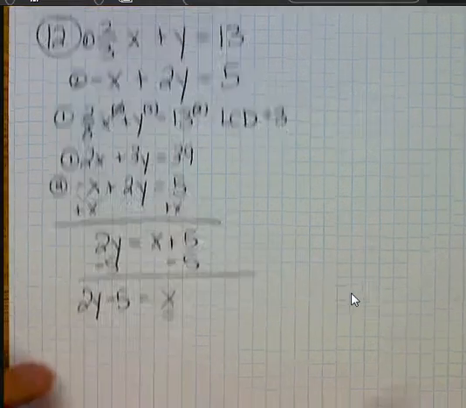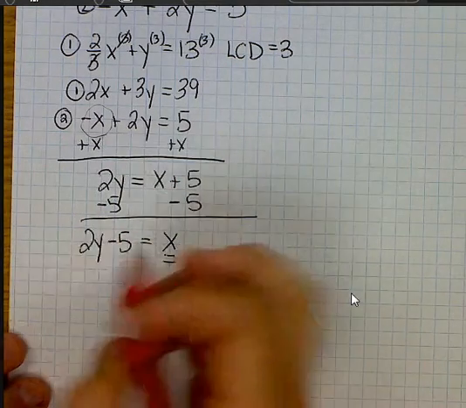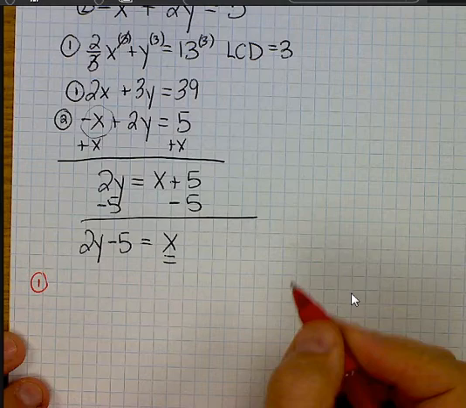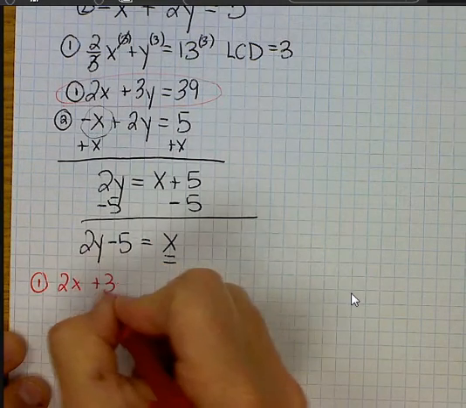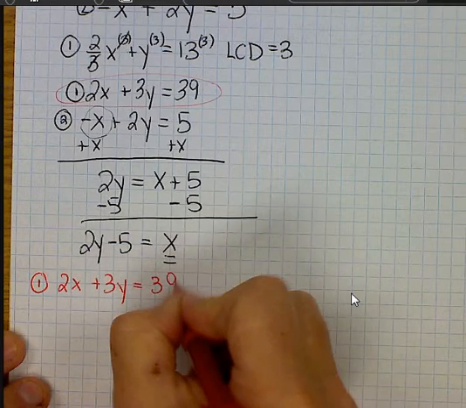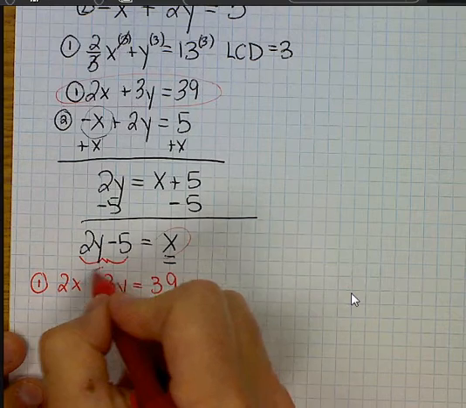Alright, continuing. I'm going to switch equations. I just used equation 2, so now I'm going to go back to equation 1, but it's going to be this new equation 1: 2x plus 3y is equal to 39. And I know what x is, so that's going to go right here.